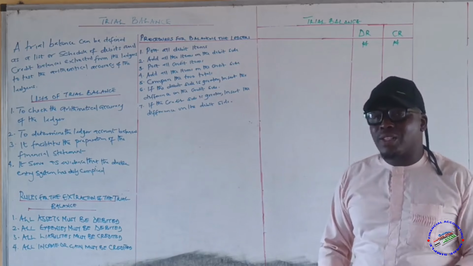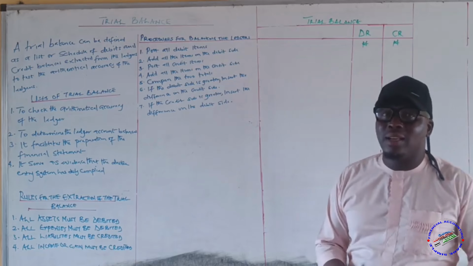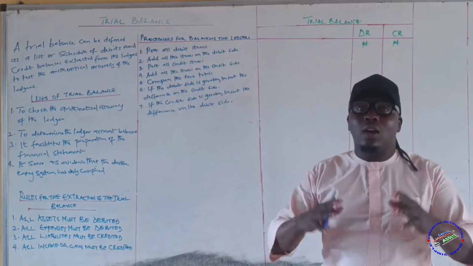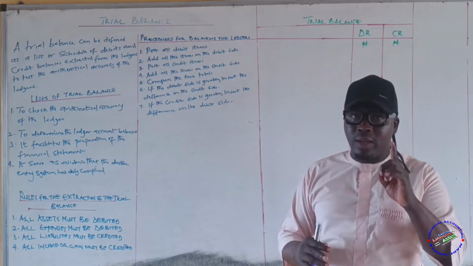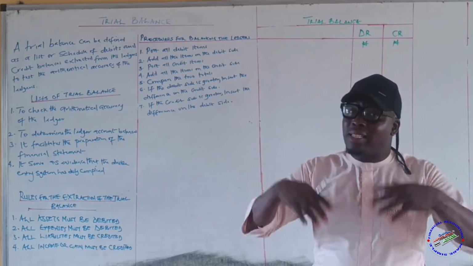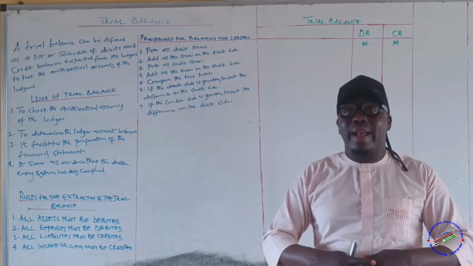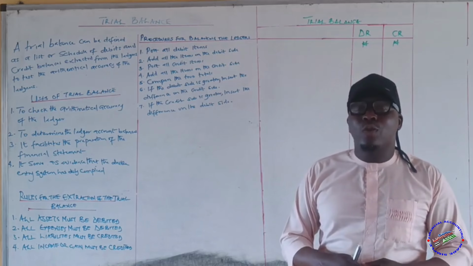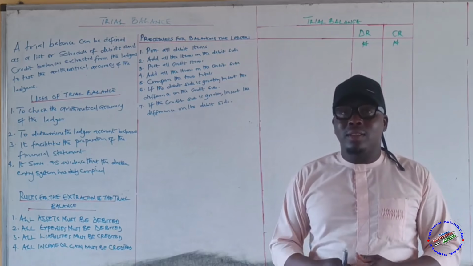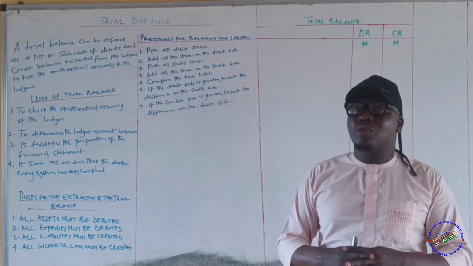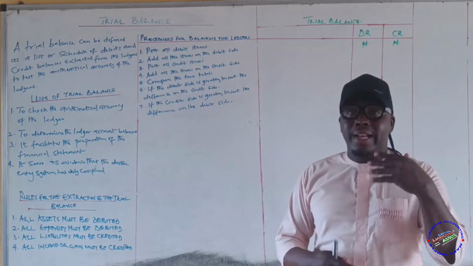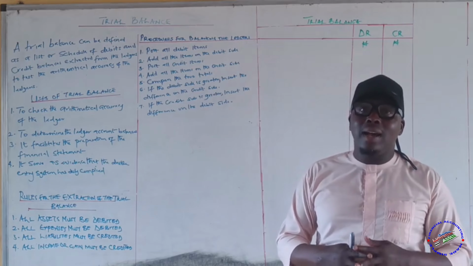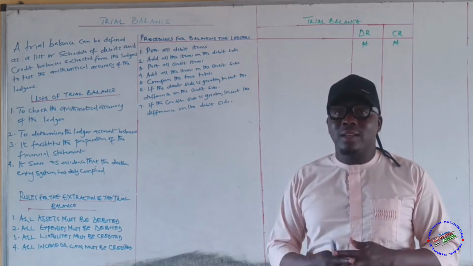In solving questions under trial balance, examination questions can come in 2 ways. 1, you are given the balances in the ledger and they ask you to extract a trial balance. And the second method is where you are given a question and they expect you to prepare different subsidiary books, extract the ledgers, and there you extract the trial balance.